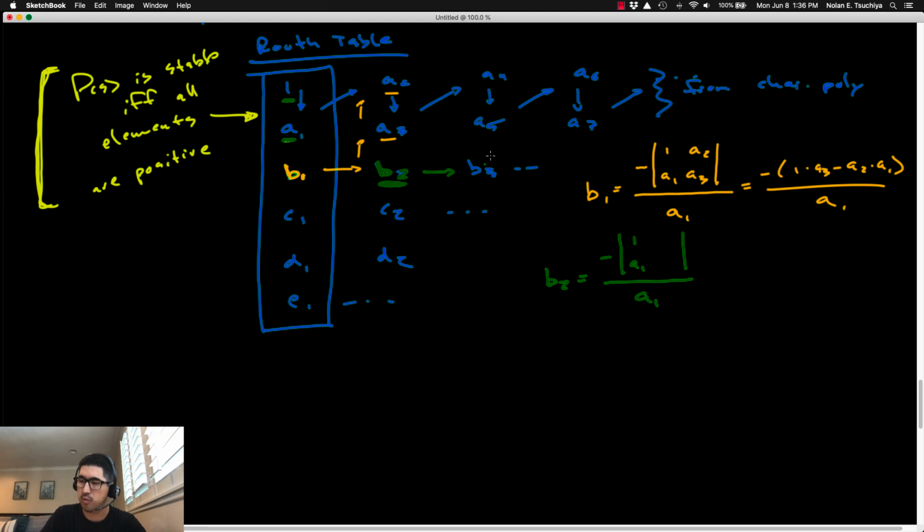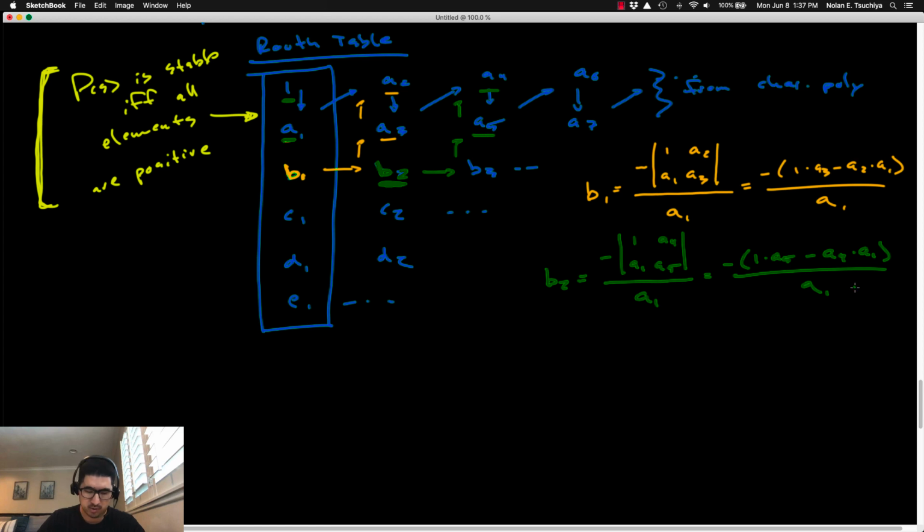You're going to go over one column and up two rows to get your next two values. So the right-hand column here is going to be A4 and A5. And this computation will work out to minus 1 times A5 minus A4 times A1, which is the determinant of that 2 by 2 matrix, all divided by A1.